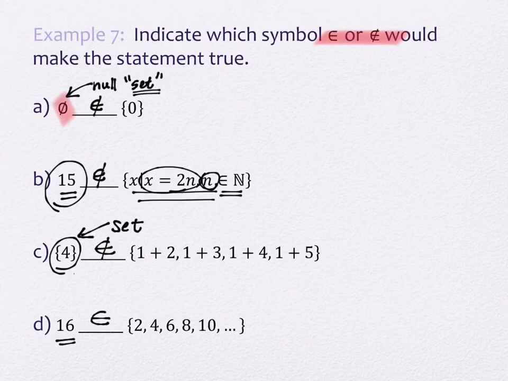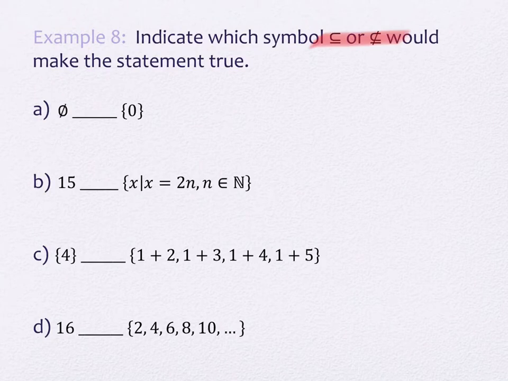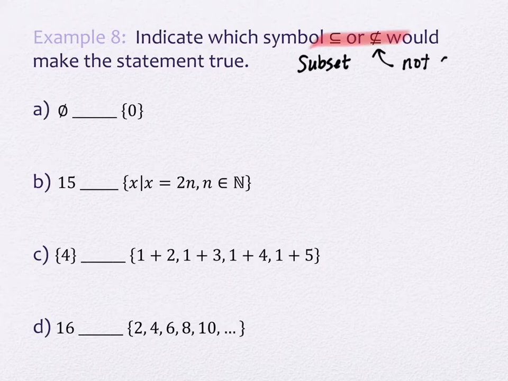Okay, we're a little bit familiar with these pieces now, but we're going to do a different direction set. The direction set now wants us to decide if it is a subset or if it is not a subset. So in order to be a subset, it must first be a set.